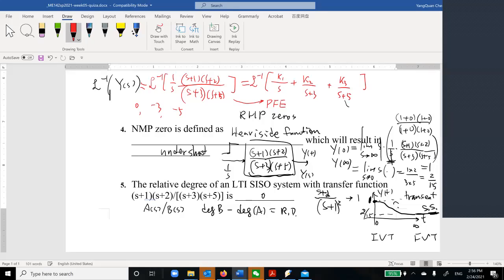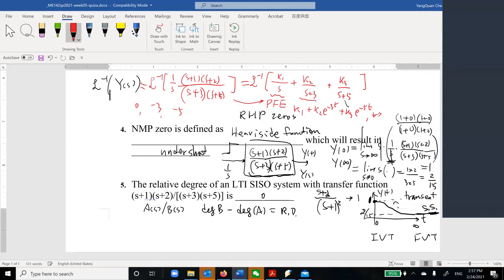So how to get K1, K2, K3 quickly, such that if I know them, then I can use a lookup table to write down all this very easily. So this is K1 plus K2 e to the minus 3t plus K3 e to the minus 5t.